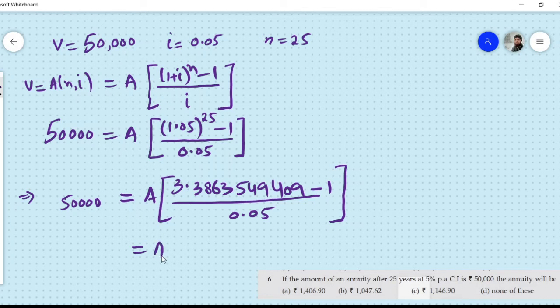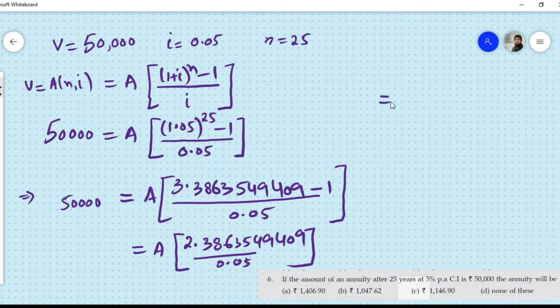Further, when we divide 2 point this by 0.05, let us repeat this step. It should be divided by 0.05. After dividing, here it is 50,000 as it is, it will be equal to A into 47.7270988818.